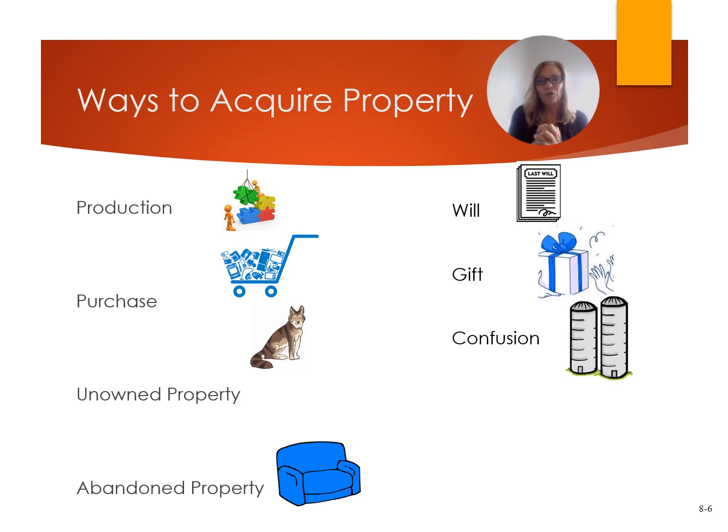Confusion. Okay, what confusion is when you have fungible goods, and they somehow are put together with someone else's fungible goods, but you don't know which one's which. So let's say we have a grain silo. My grain goes in, it's the same type and grade as someone else's grain.